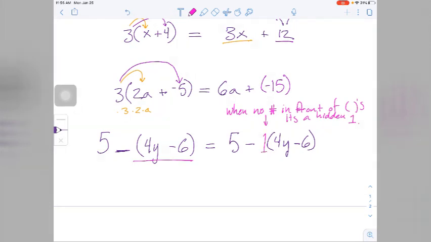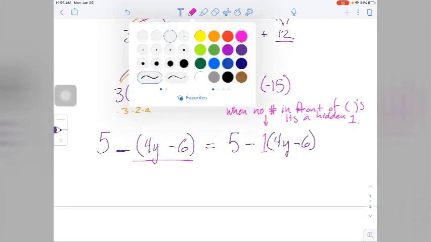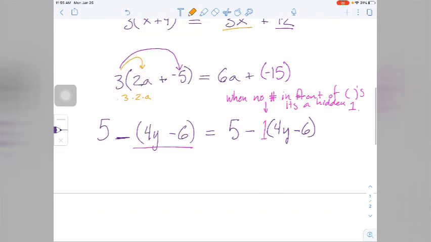Okay, then what I would do is 1 times 4y and 1 times minus 6.